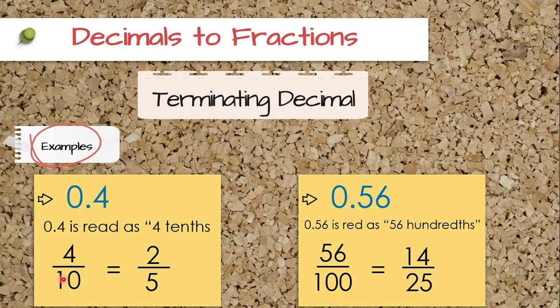Okay, so that's why you have 10. And for 56, you have 2 digits after your decimal point, that's why we have 100. And then just copy those 2 digits after your decimal point, which is in this case 56, and in this case we have 4. And then just lowest term.